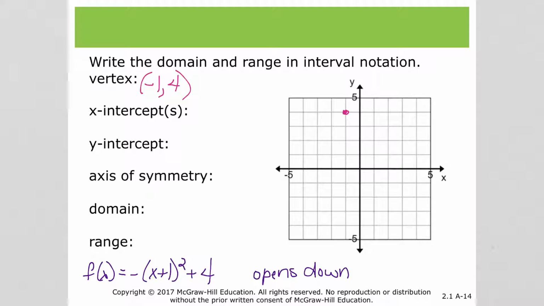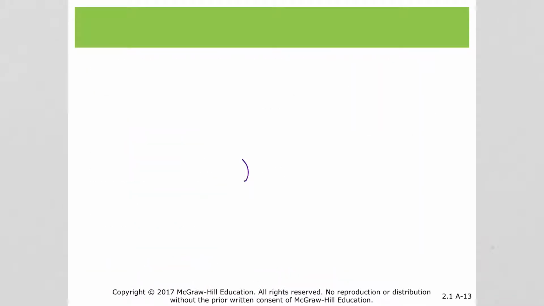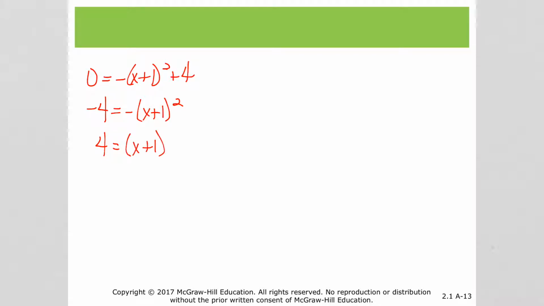The x-intercepts, to go back here, let y be 0, so we've got 0 equals -(x plus 1) squared plus 4. Take the square root of both sides, and so we have plus or minus 2 equals x plus 1.